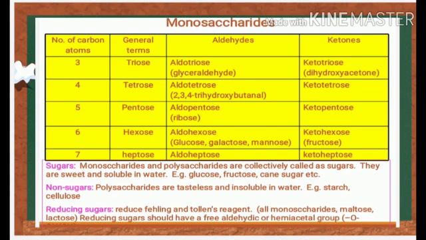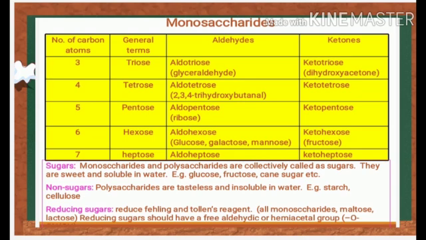These are of two types, aldose and ketose. Aldoses are the monosaccharides containing an aldehyde group, which is a monovalent group, and it is always present at one end of the carbon chain, that is at C1 carbon.